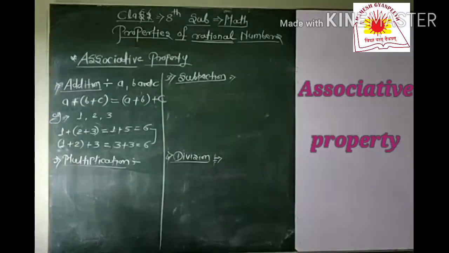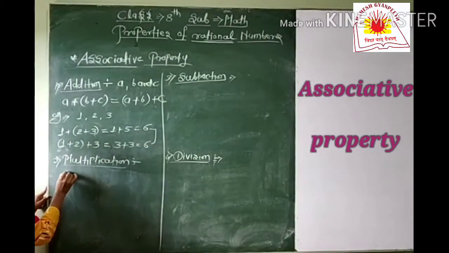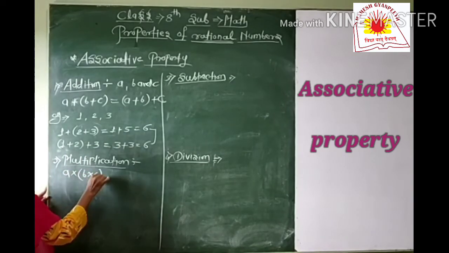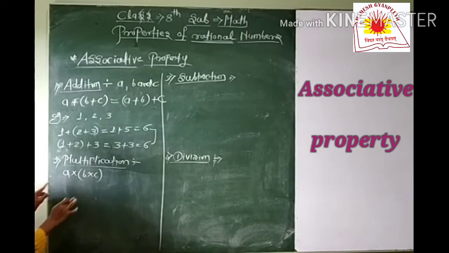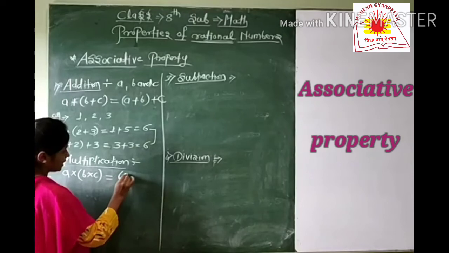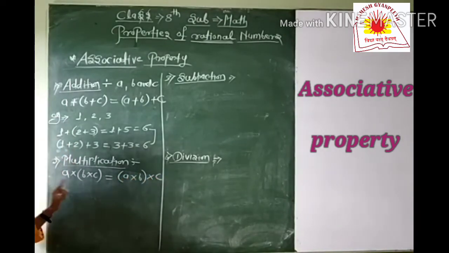Understood? Now next, multiplication. Again take the same simple example: A multiplied by in bracket B multiplied by C is equal to in bracket A multiplied by B, multiplied by C. We have to check it.